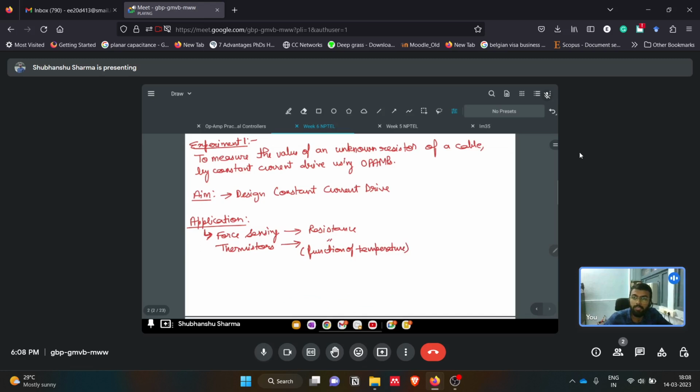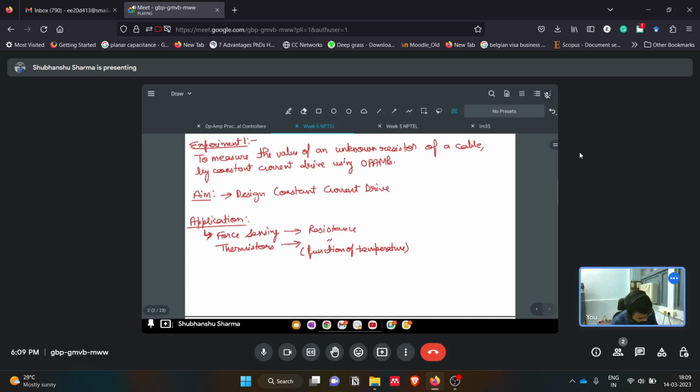We also solved one question, I think in week 4 or week 5, when we were talking about Schmitt triggers, on how Schmitt triggers can be used to realize a thermistor measurement, that is, to measure the resistance of the thermistor. We realized that in one of the questions.